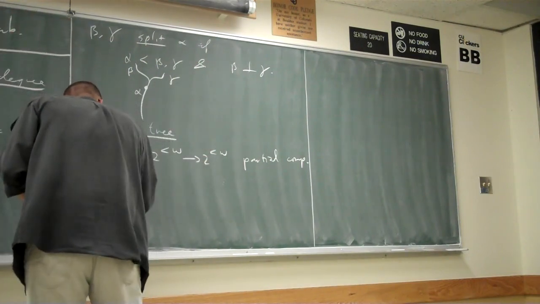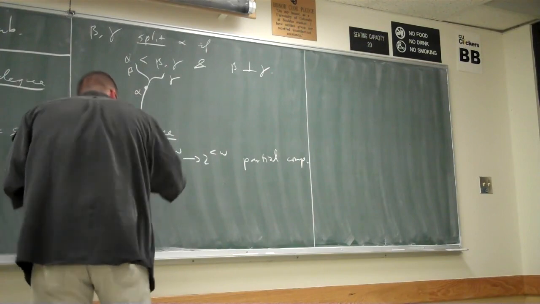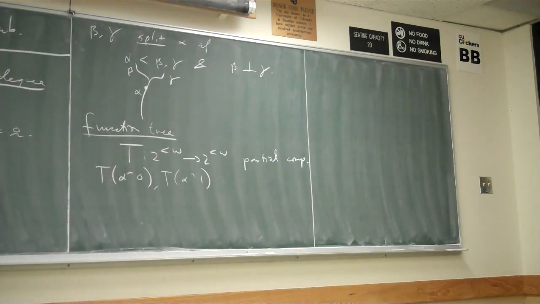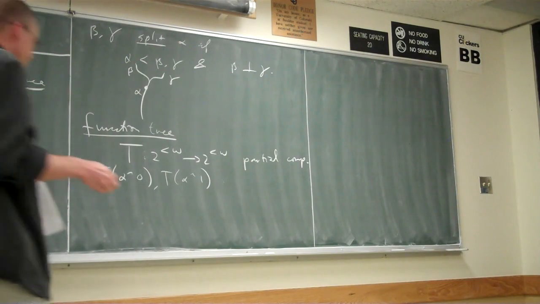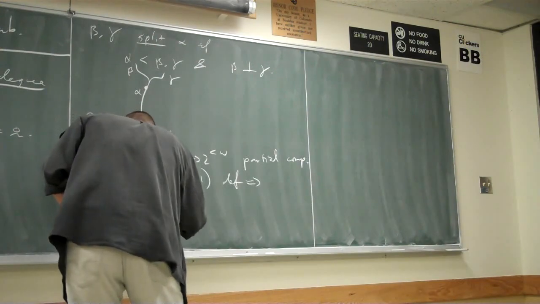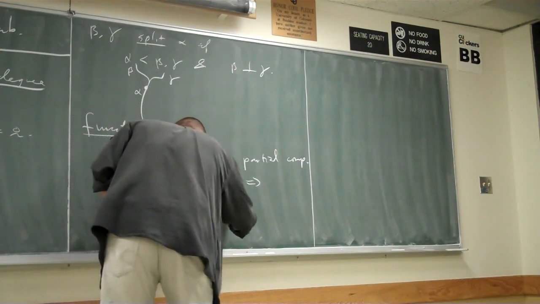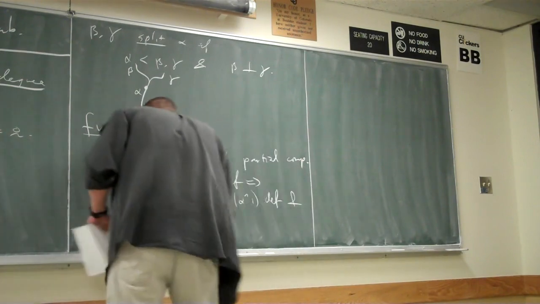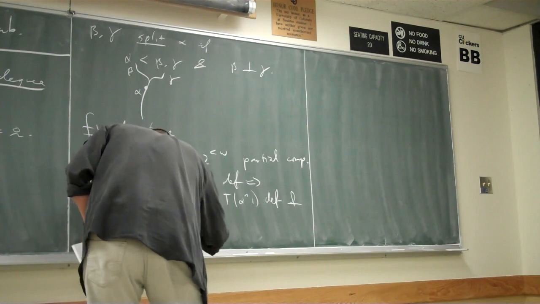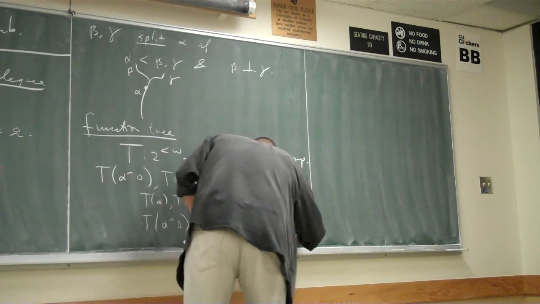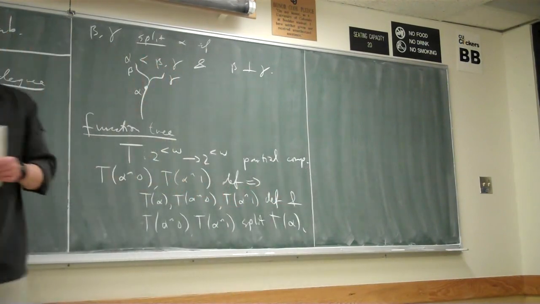Well, we allow partiality, so we want to say when is what defined. If one of T alpha followed by 0 or T alpha followed by 1 is defined, then all are defined and T alpha 0 and T alpha 1 split T alpha.